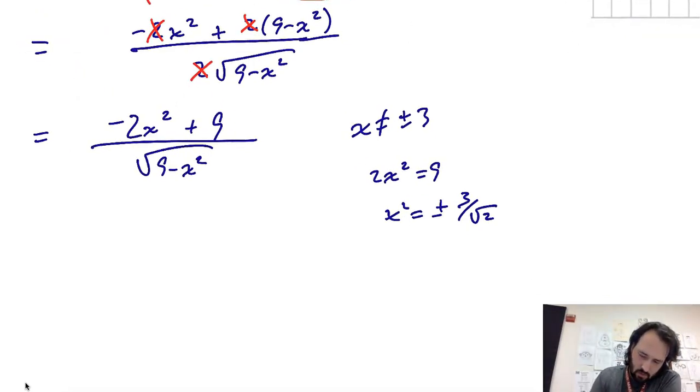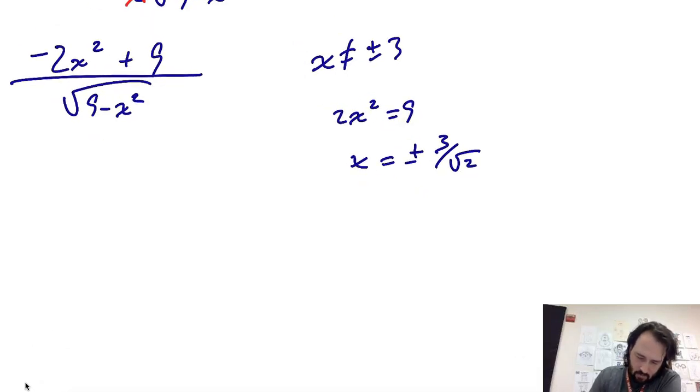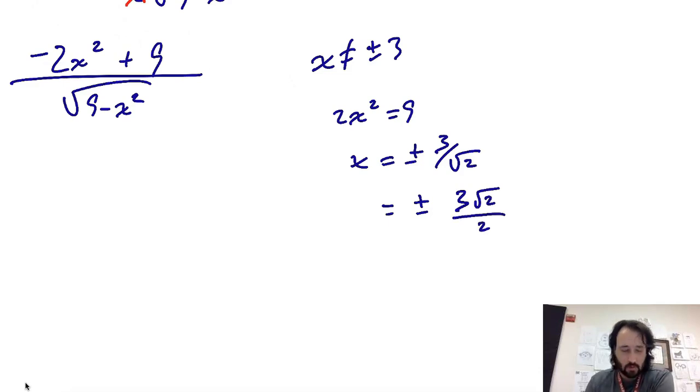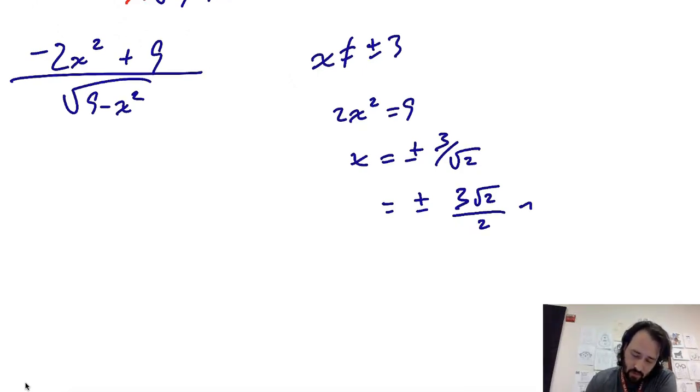Oops, I'm sorry, not x squared, just x. So this would be plus or minus 3 root 2 over 2. So 3 times 1.4 is 4.2, divided by 2 is 2.1, so this is approximately 2.1 something.